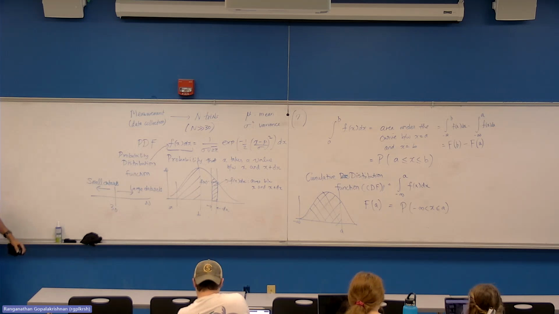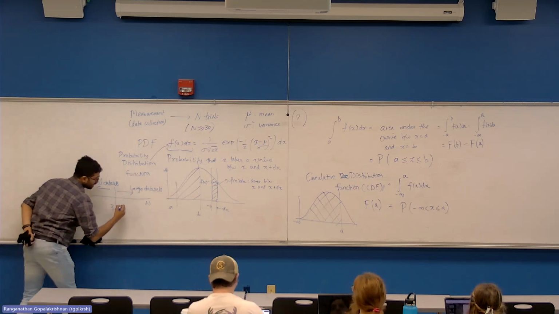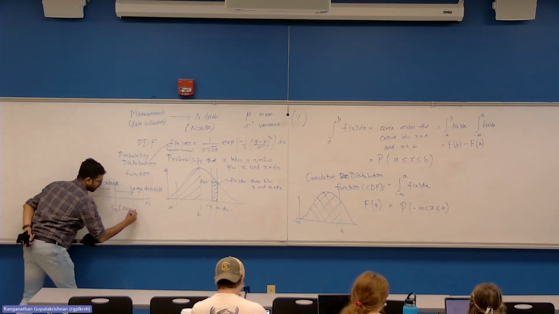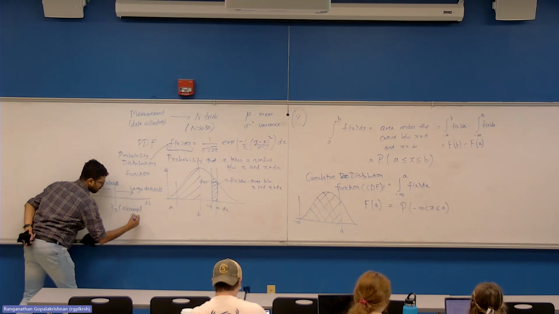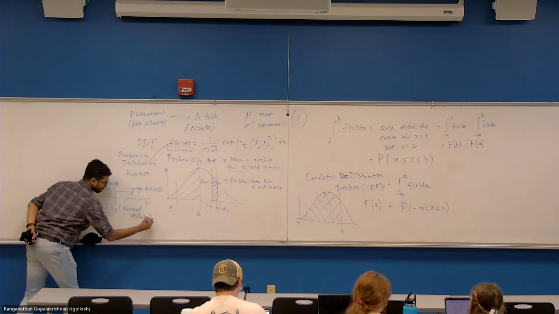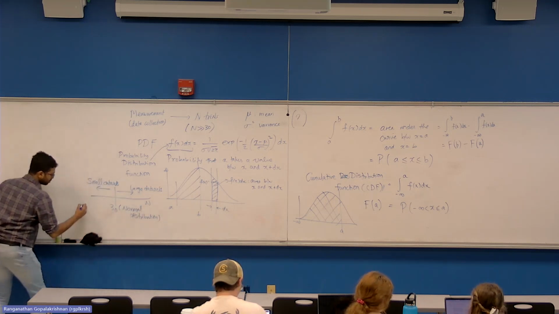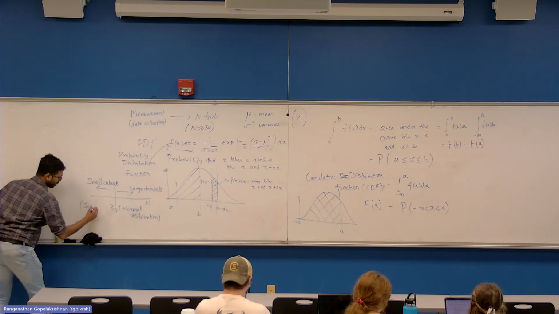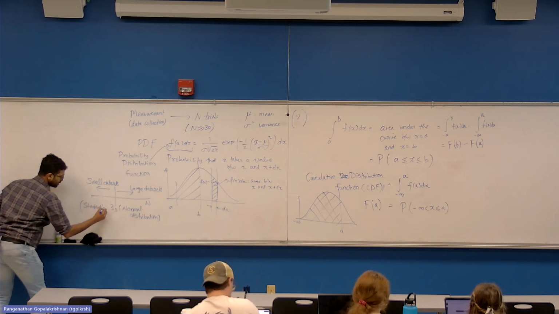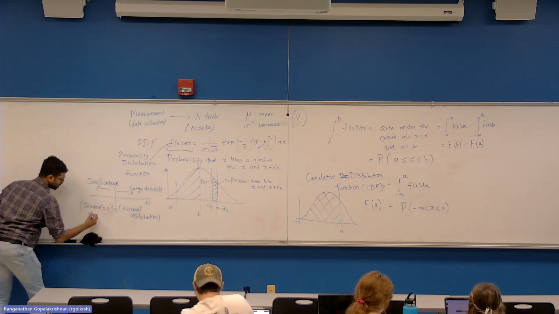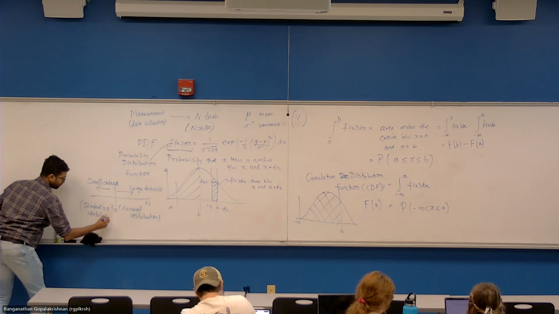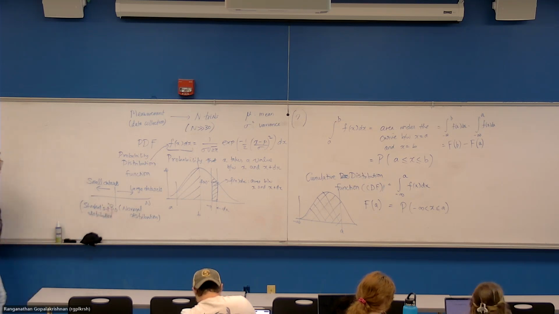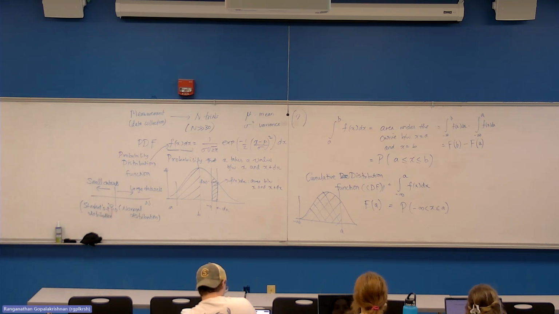And whatever we have seen so far pertains to large data sets, which is where our normal distribution operates. For small data sets, today we are going to see what is called Student's t distribution. This is where today's material fits in.